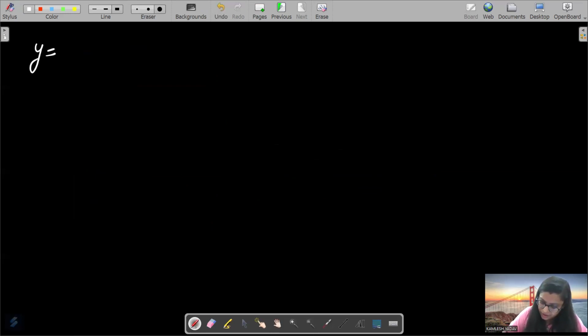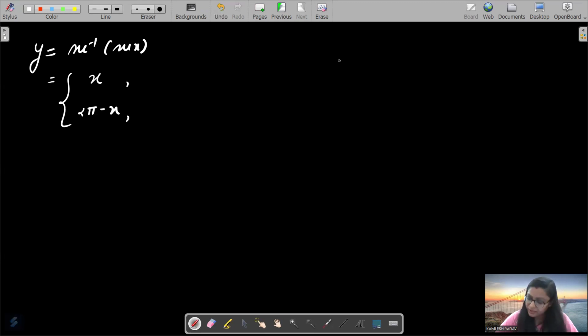See, the next graph is sec inverse of sec x. Okay, and we know that the graph of sec inverse is the same as the graph of cos inverse x, which is defined first as x and second as 2 pi minus x. First I write here, in closed interval, 0 to pi and pi to 2 pi.